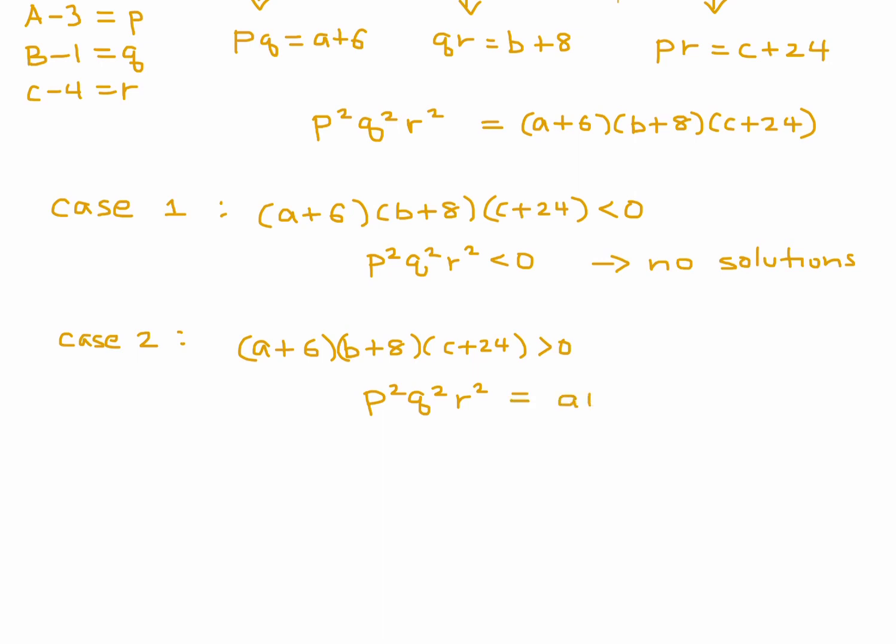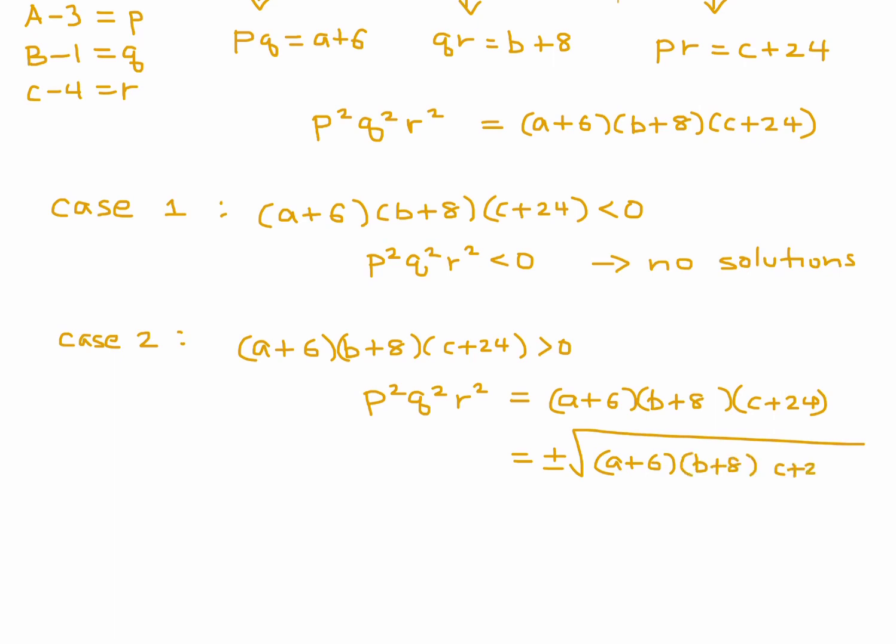And when we take the square root of it to get just pqr, it will basically be plus or minus the square root of a plus 6, b plus 8, and c plus 24. And that's going to be p times q times r.